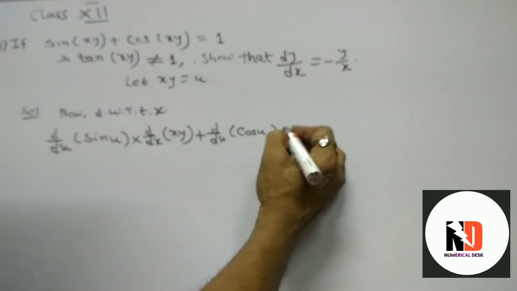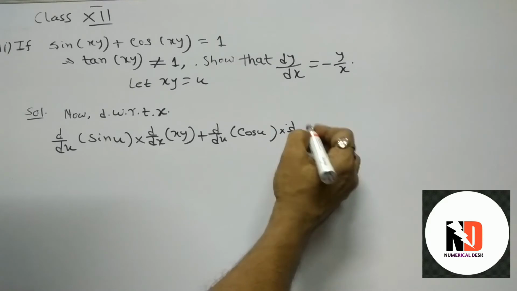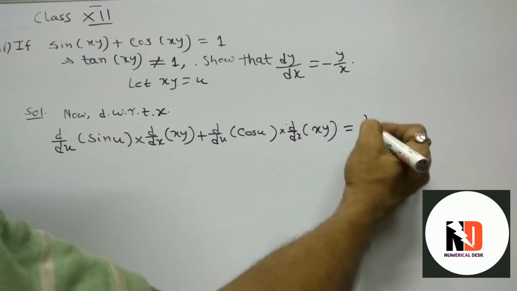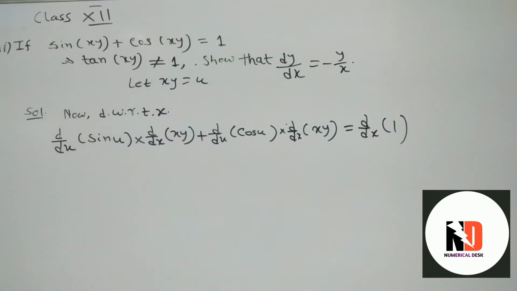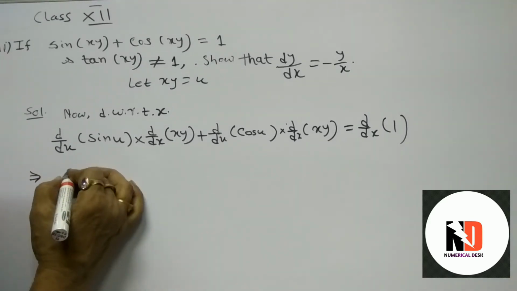and d by dx of xy. Because, as I did in the previous sum, anything we are substituting, we continue to get the differential of the part substituted, just multiply.